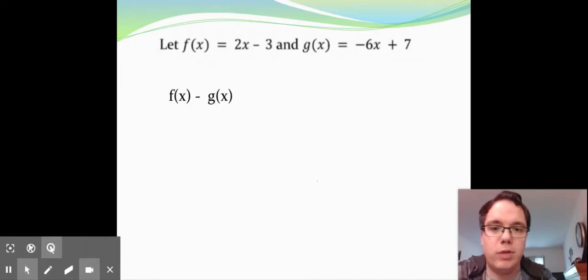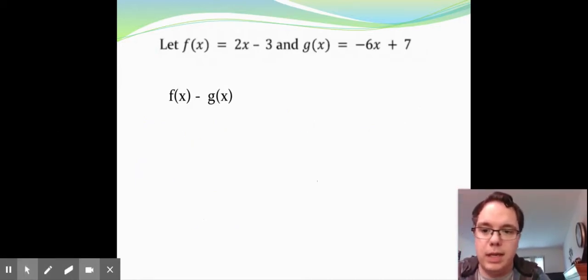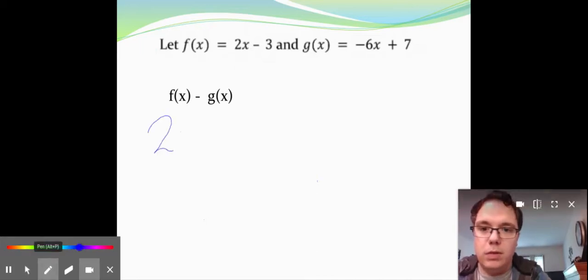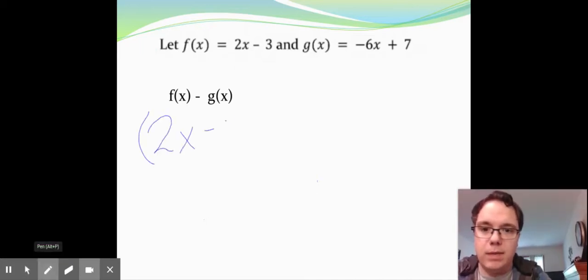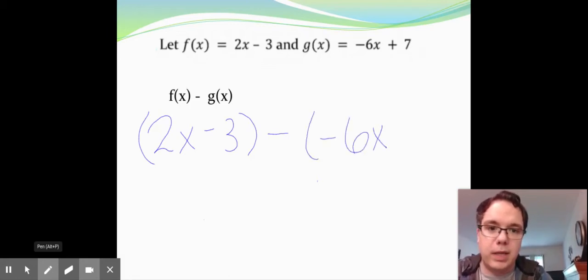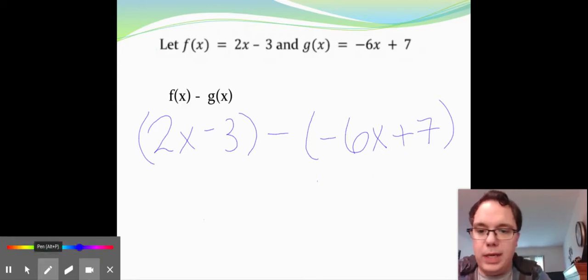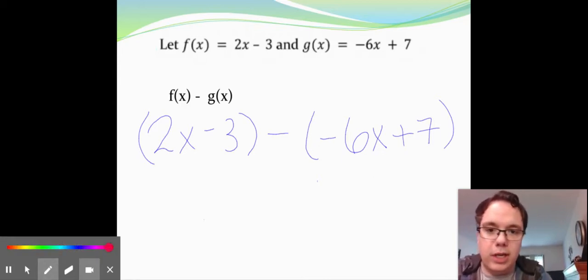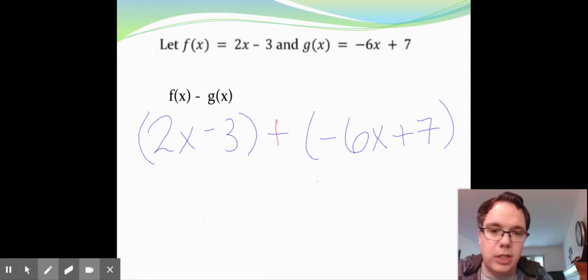All right, let's try the subtraction then. So that means to take 2x minus 3, and we're going to subtract negative 6x plus 7. So we need to change our subtraction to addition and change all of the signs in the second function.